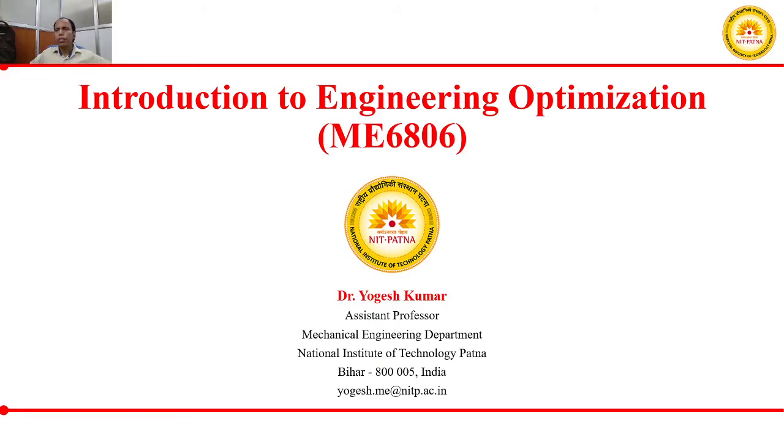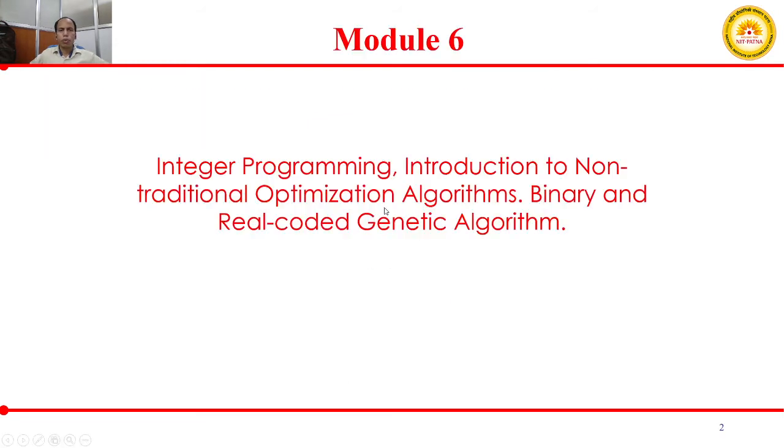Let me tell you which portion we will require. In module 6, we have integer programming, then non-traditional optimization algorithms, binary and real coded genetic algorithm. These are the major topics in module 6.